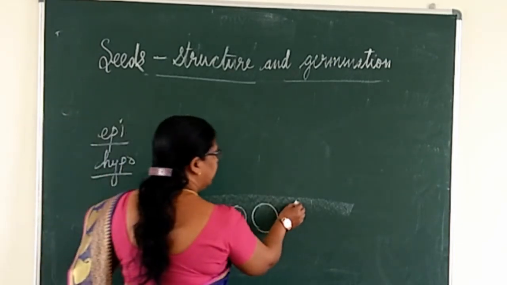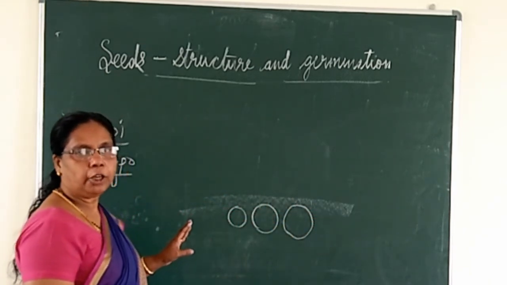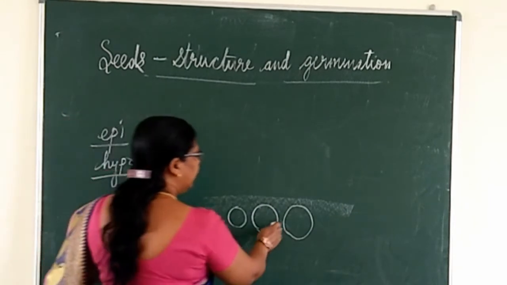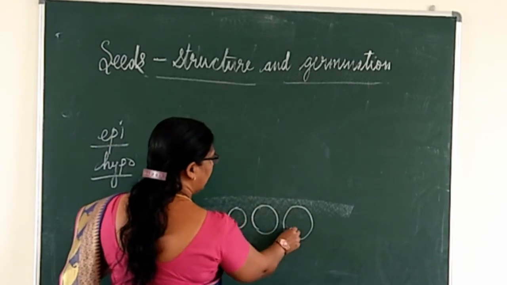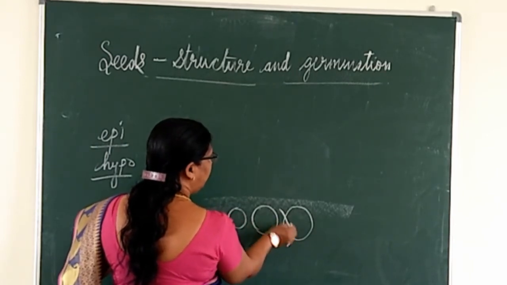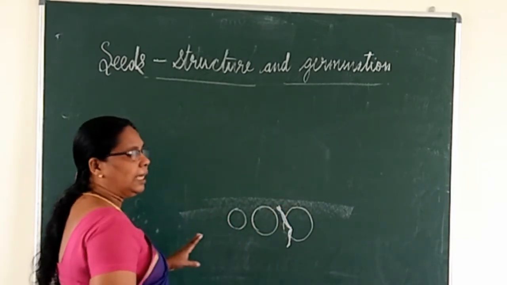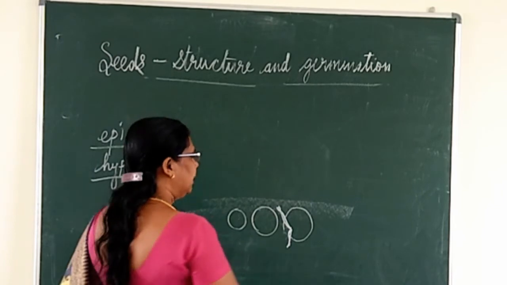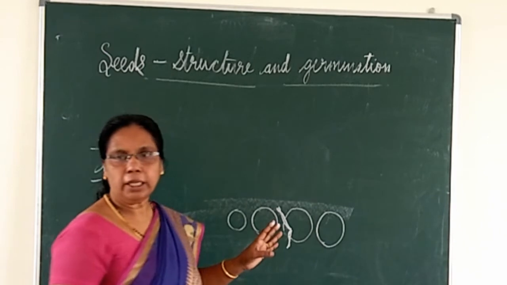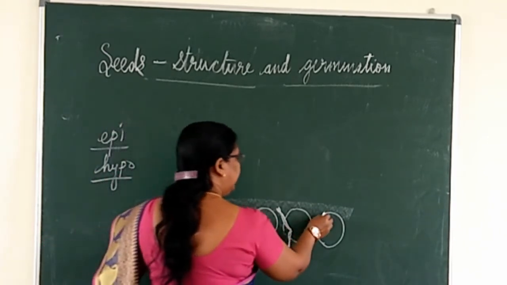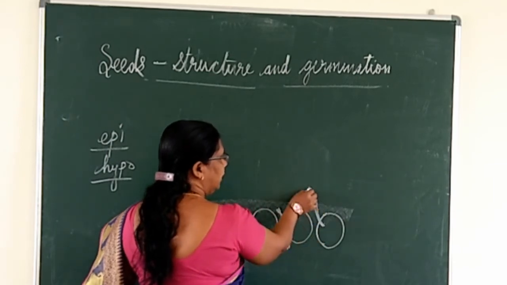And in the next step, as the swelling takes place, the seed coat will rupture, it will break open, and the radicle, the root, will slowly emerge out, and next the plumule, with a small leaf, will come out. And in the next stage you can see that this will remain like this only in the soil, and slowly only the plumule grows, this is the soil level, it grows above the soil.